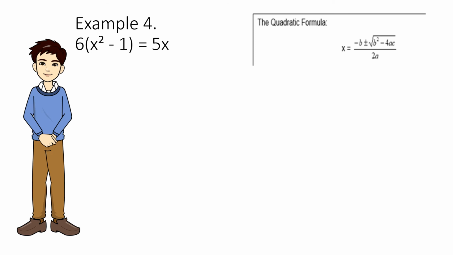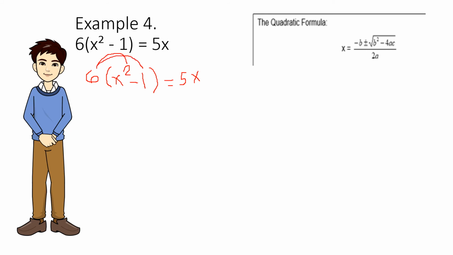Okay, so this time we are dealing with a more challenging equation. So given 6 times the quantity x squared minus 1 equals 5x. So, distribute muna natin ang ating 6 sa x squared and negative 1.